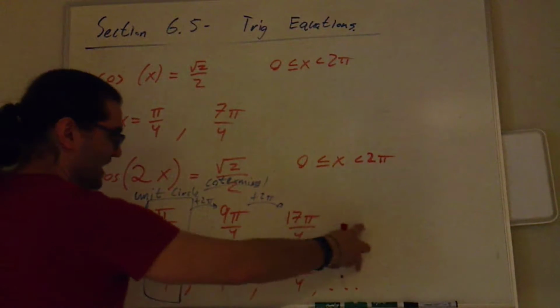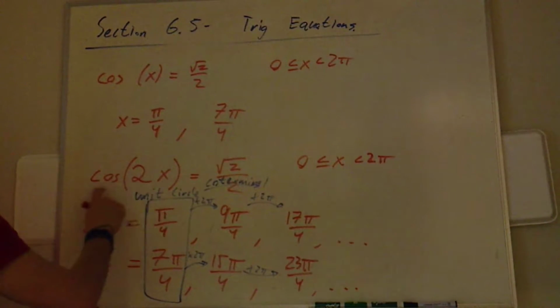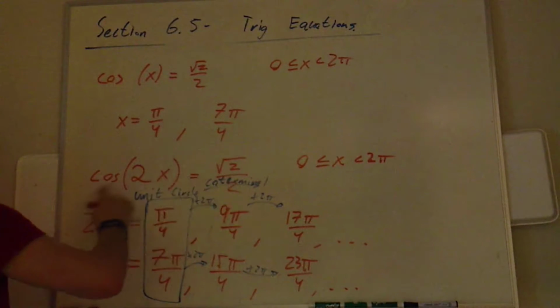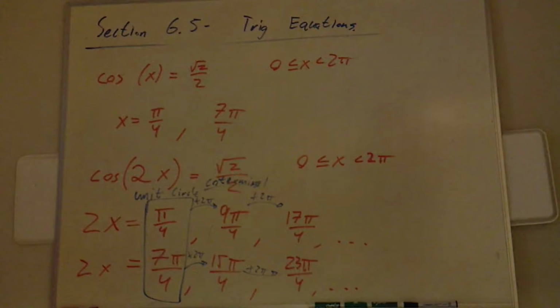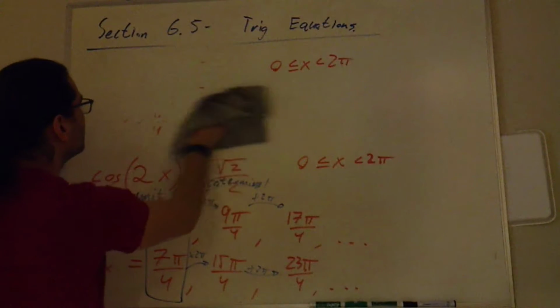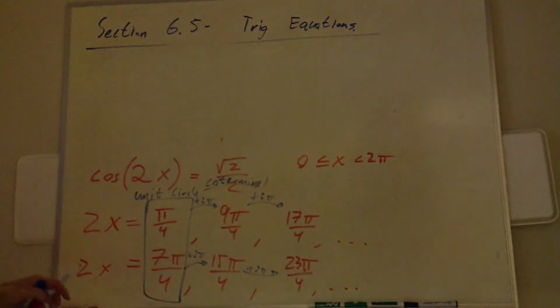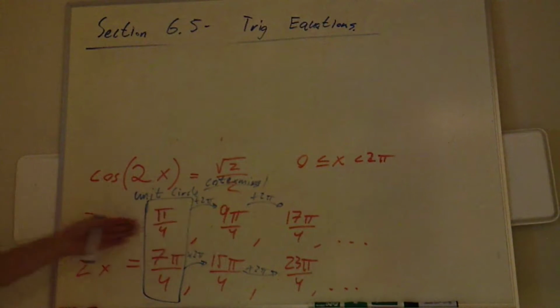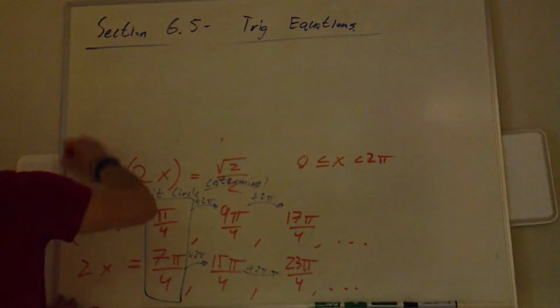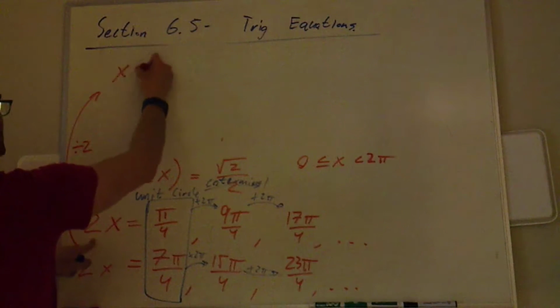I have a list of 6 angles that, if these angles were equal to 2x, I would get root 2 over 2 as the cosine value of that 2x. And from here, if I want to solve for x, I have to treat this like an equation and divide both sides by 2. 2x divided by 2 will give me x.